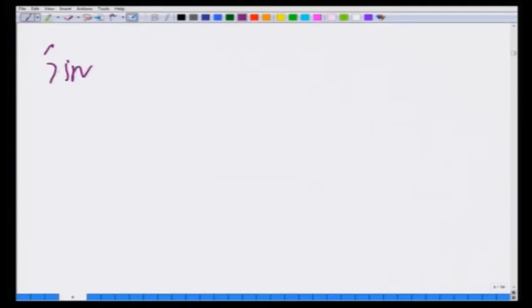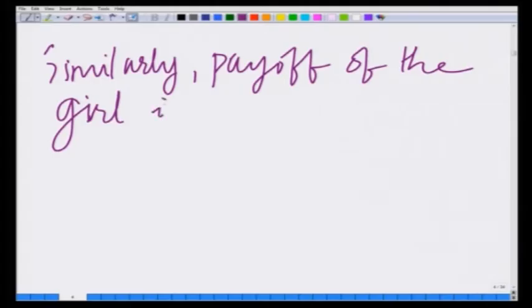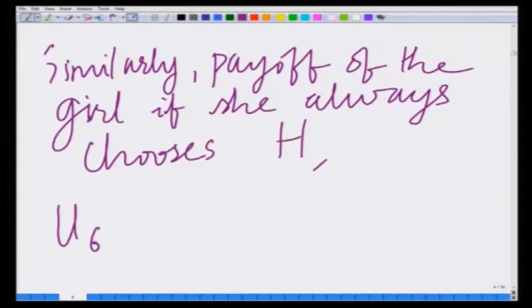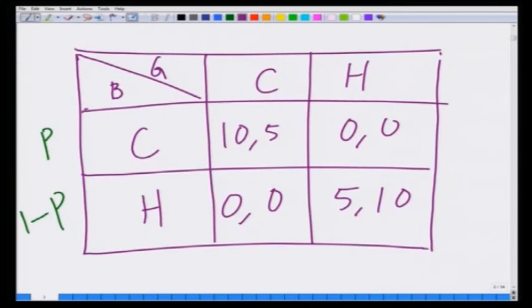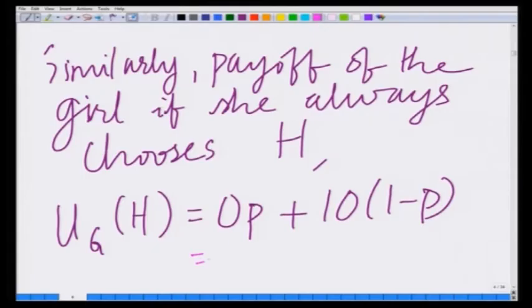Similarly, the payoff of the girl, if she always chooses to watch the Harry Potter movie, that is u g of h equals 0 times p plus 10 times 1 minus p, which is equal to 10 times 1 minus p.